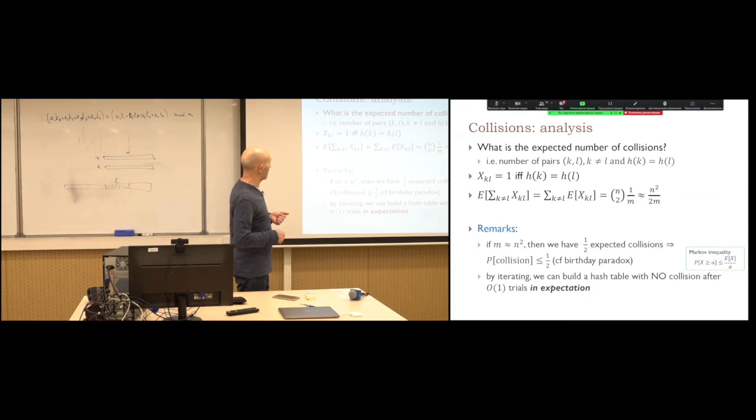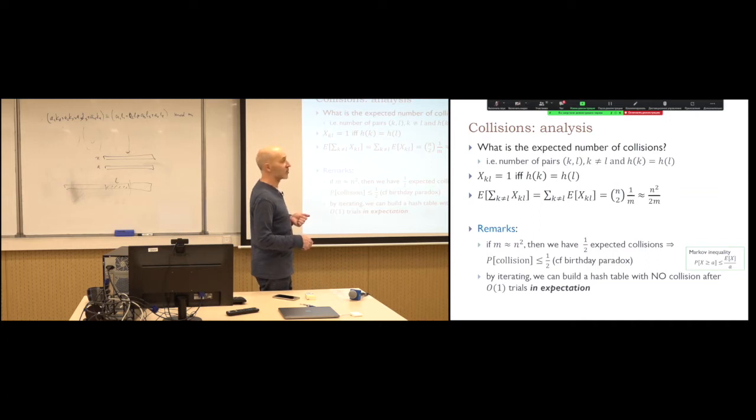So, for example, if the size of the table is n squared, then we have 1/2 expected collisions. And by Markov inequality, which I recall here in this frame, the probability of having any collision is less than 1/2.